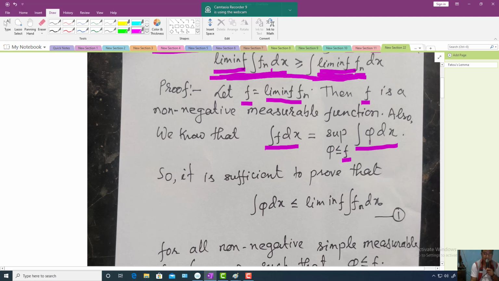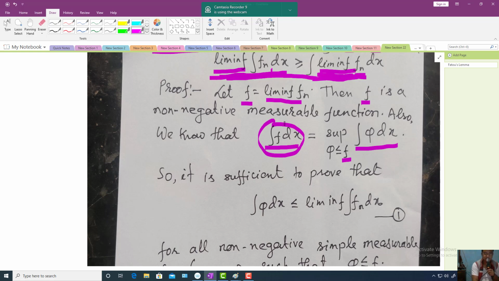You take the integration of all such simple measurable functions. The supremum of such integrals is the integration of the function f. That is the definition of the integration of a non-negative measurable function.